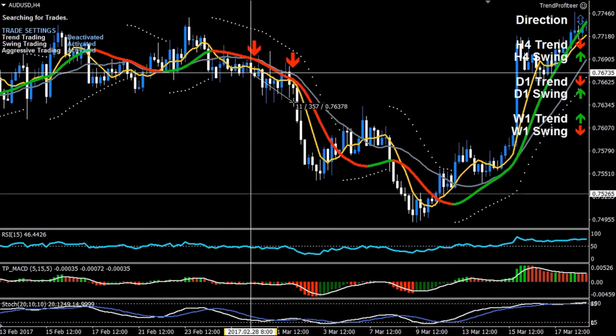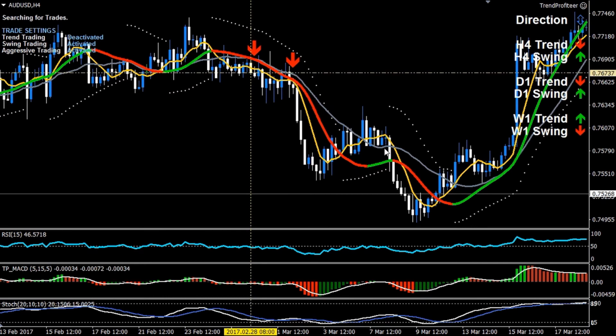And looking at our targets, we've got 30 pips here, giving us a 1-to-1 reward to risk ratio, 60 pips here, giving us a 2-to-1 reward to risk ratio, 90 pips here, giving us a 3-to-1 reward to risk ratio. Just make the 120 pips actually pretty comfortably for a 4-to-1 reward to risk ratio.